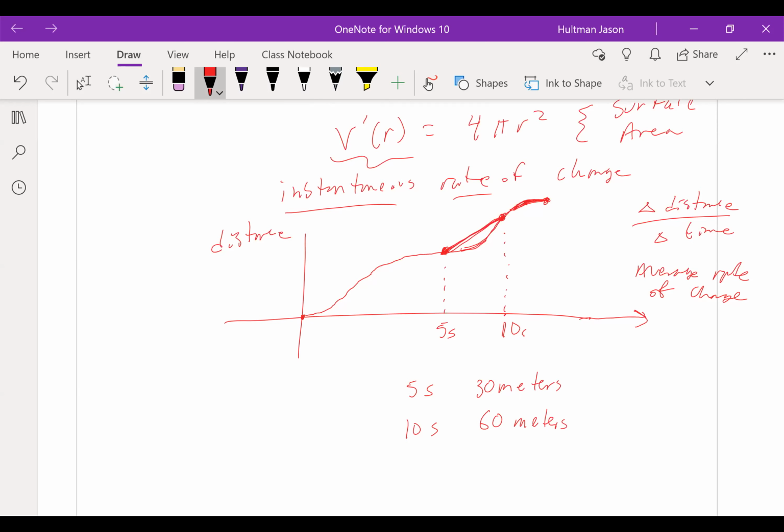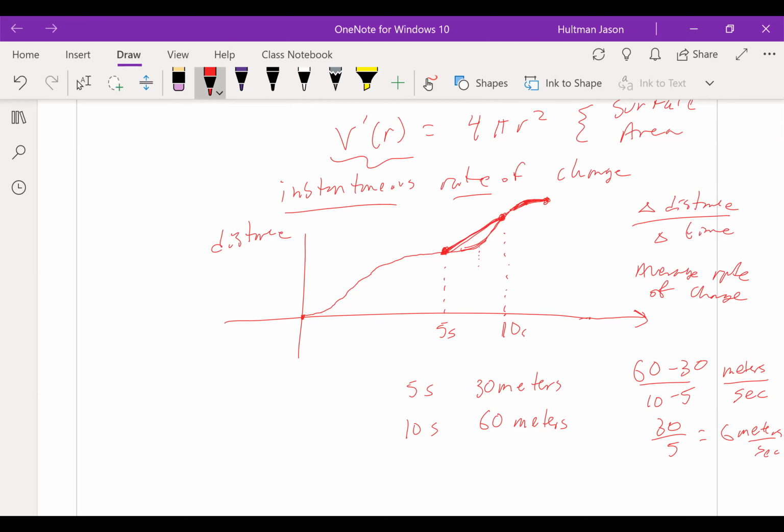So if I do 60 minus 30 over 10 minus 5, what is that going to give me? That's going to give me the meters per second that I'm changing. So this is 30 over 5, which is 6. The change was 6 meters per second. On average, I went 6 meters per second.